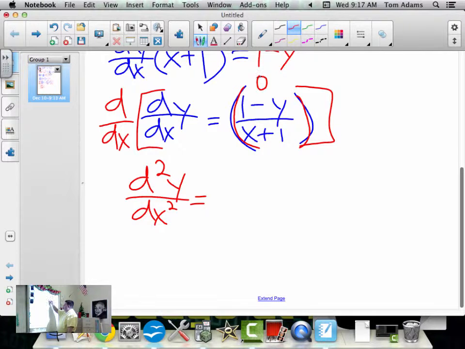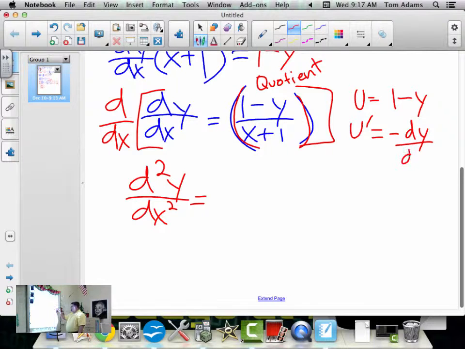Yeah, so I got to use the quotient rule here. Okay, and so I'm going to let u equal 1 minus y, and then u prime becomes just negative 1 or dy dx. Yep. This one's going to get a little messy. And then v is equal to x plus 1, and then v prime is going to be just 1.